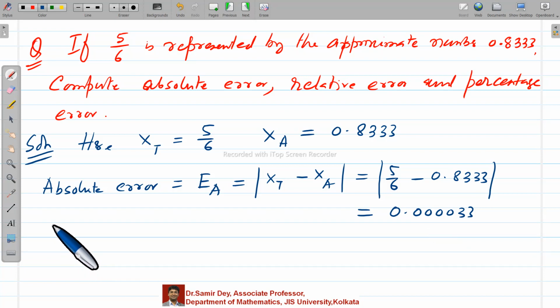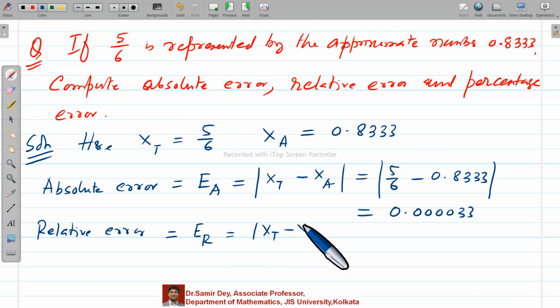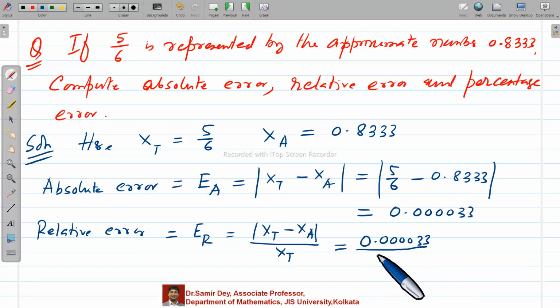Next comes relative error, ER. The formula is xt minus xa by xt. You already know the absolute error, that is 0.000033, divided by 5 by 6.